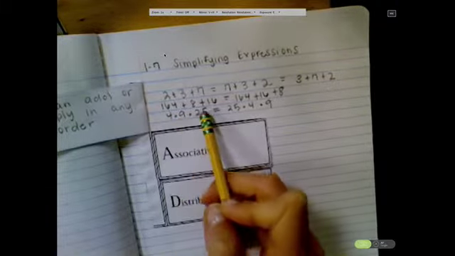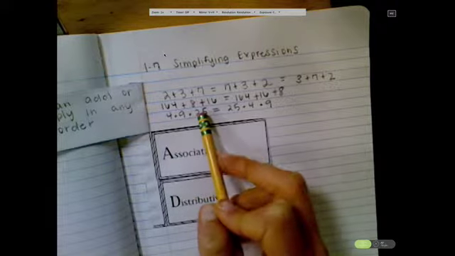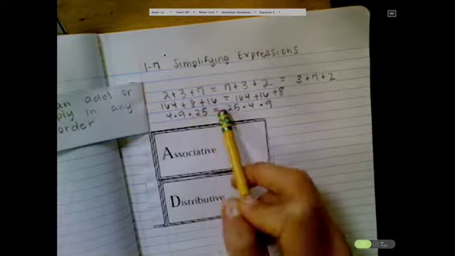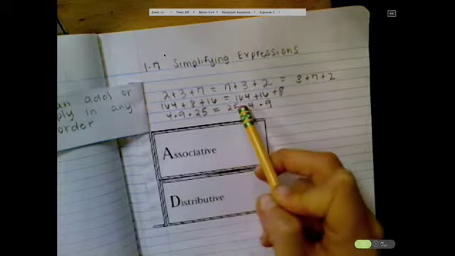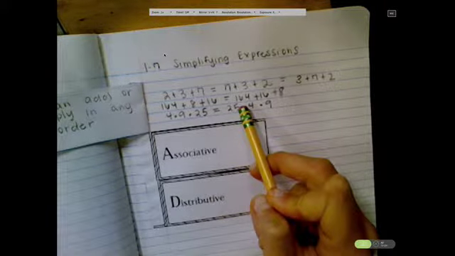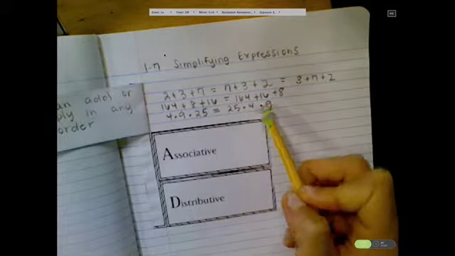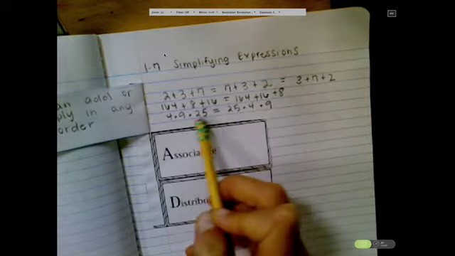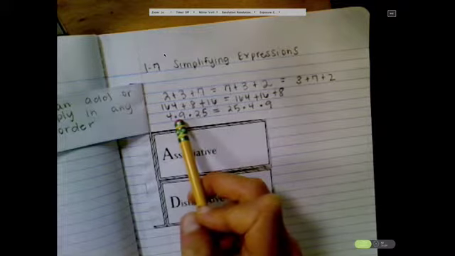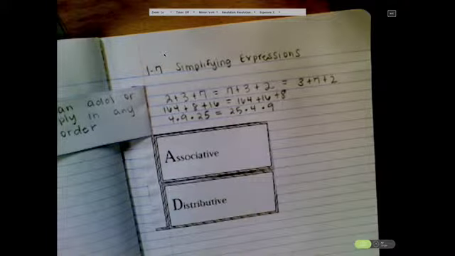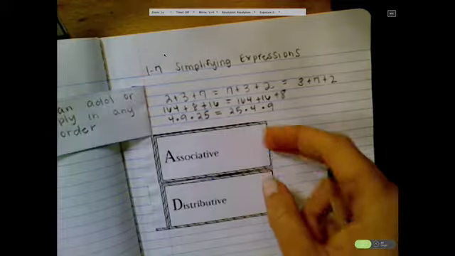Does anyone know 36 times 25 off the top of their head? Okay, let's look at if we did it this way though. 25 times 4 is what? 100 times 9, 900. So do you see how multiplying it in this order is much easier than multiplying it in this order?